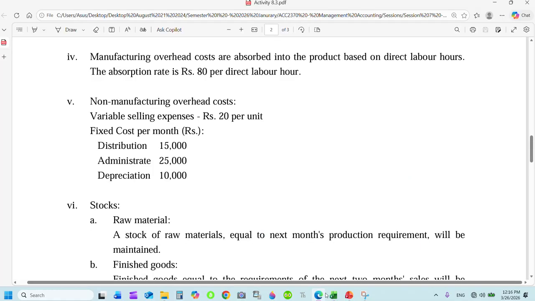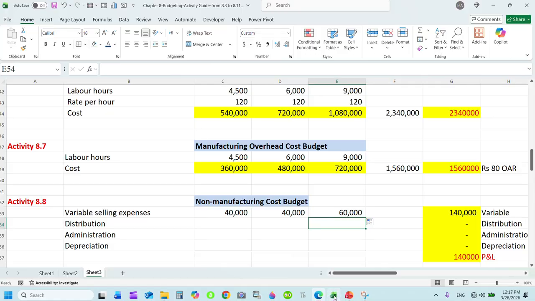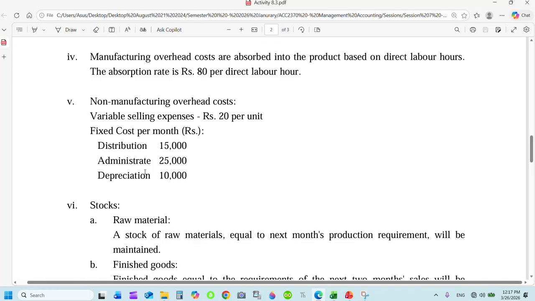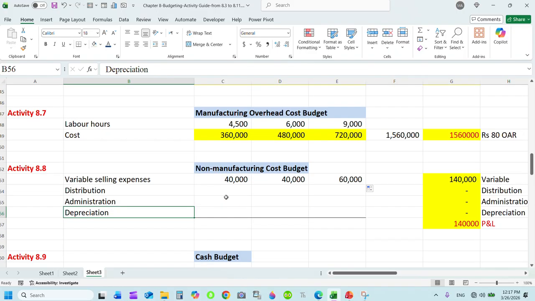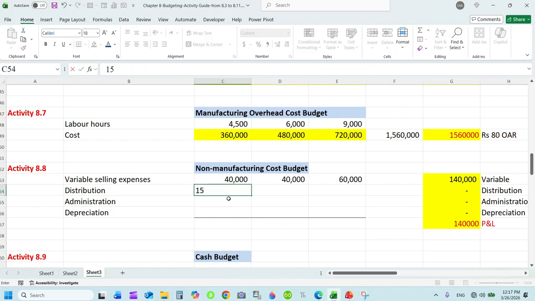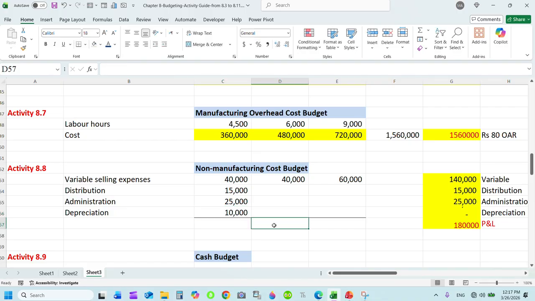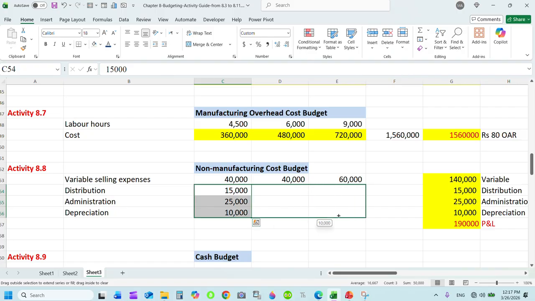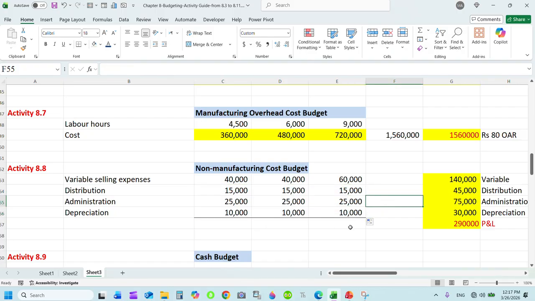Again, look at it: distribution, admin, and depreciation, amounts 15, 25, 10. These are fixed: 15,000, 25,000, and 10,000. And these are the same for the rest of the 3 months.